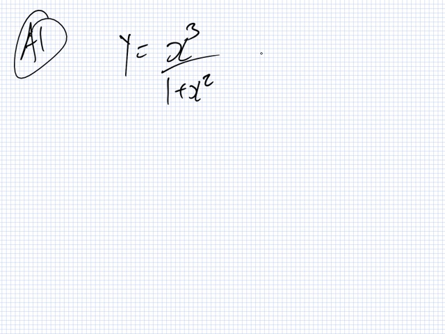Version 2, 1450. A1. A curve has equation y equals x cubed over 1 plus x squared. Find the value of dy/dx when x equals 1.